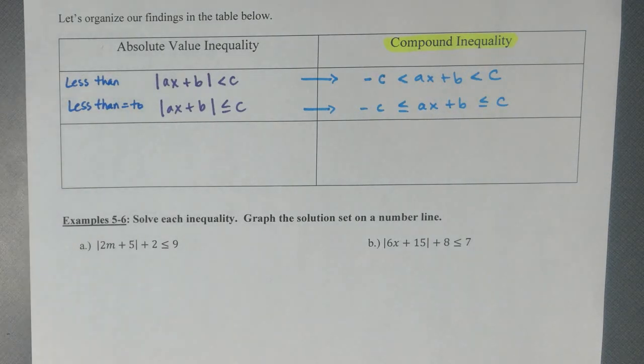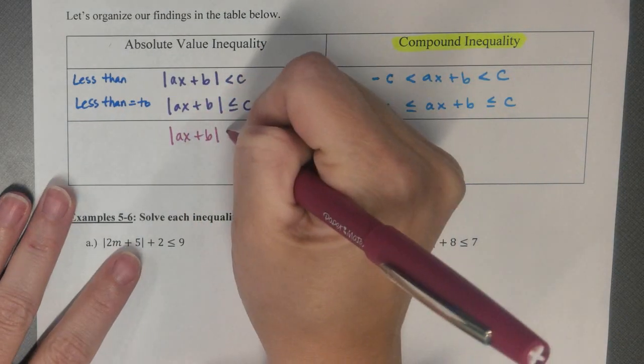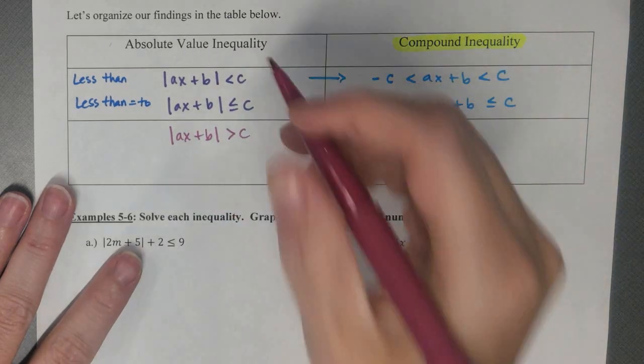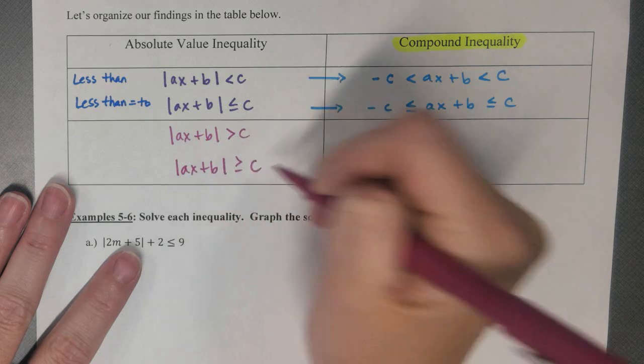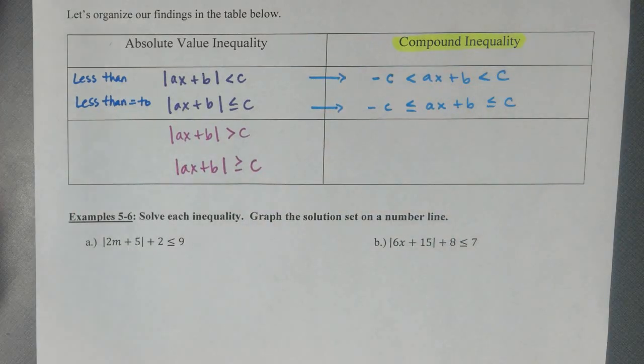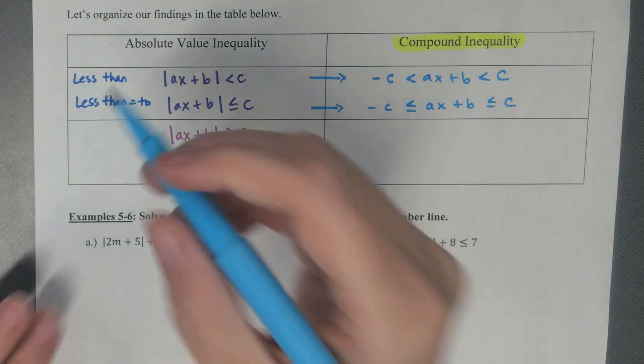Okay, and then you can also have the greater than. So for the greater than, you have ax plus b is greater than c, or ax plus b is greater than or equal to c. That's what you start with.